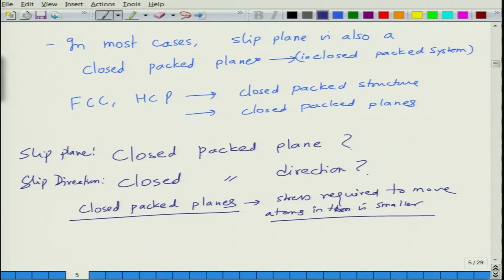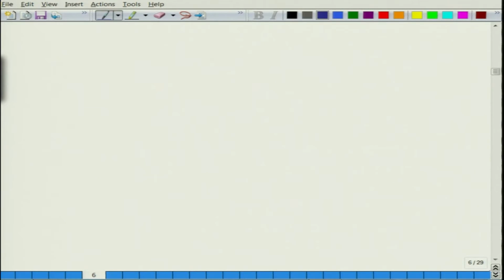So, let us first see how you work out what is a closed packed plane and what is not, before we come to this in a little more detail. Let us first look at how you determine that a plane is closed packed. Let us work out what we call planar density in planes in crystals.